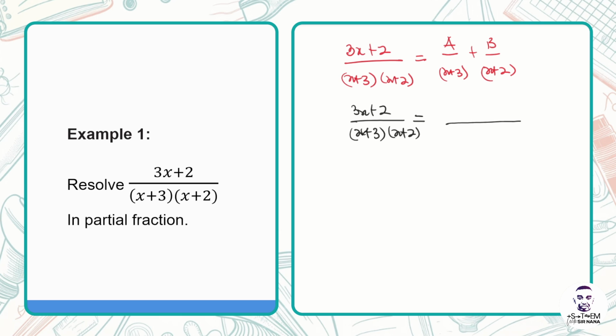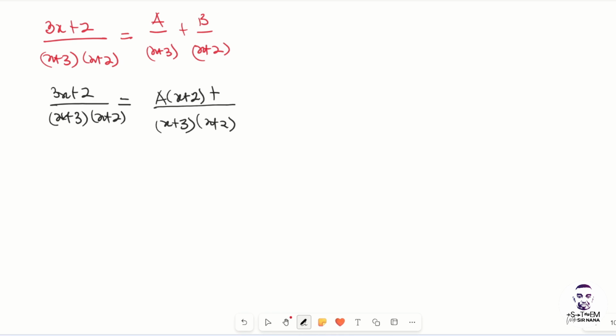So finding the LCM, we have x plus 3 and then x plus 2. So x plus 3 goes into x plus 3, so we have A multiplying the expression x plus 2. Then we have plus, x plus 2 goes into x plus 2, so B multiplying the expression x plus 3.